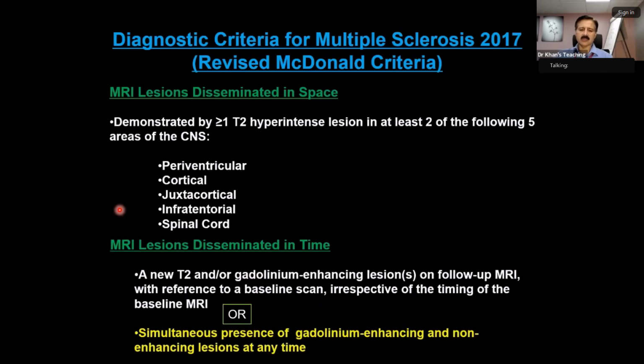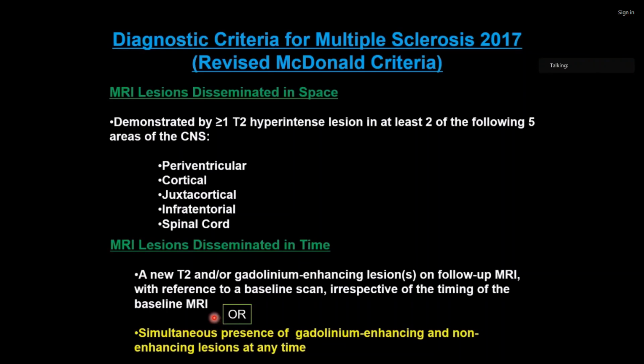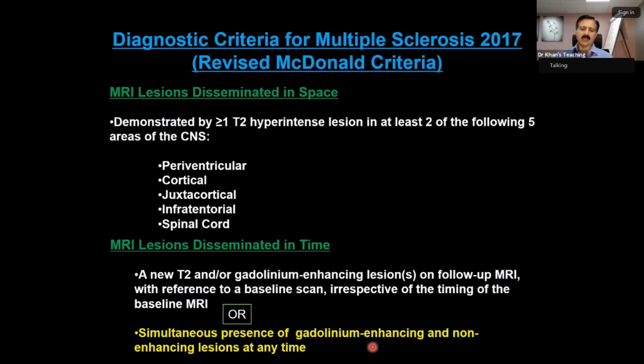Yes is the answer. And what you can do is give contrast to the patient. If some of the lesions enhance and others do not enhance, what does it tell us? It tells us that the lesions which are enhancing are of different age, they are active, and the lesions which are not enhancing are older, so they are inactive.